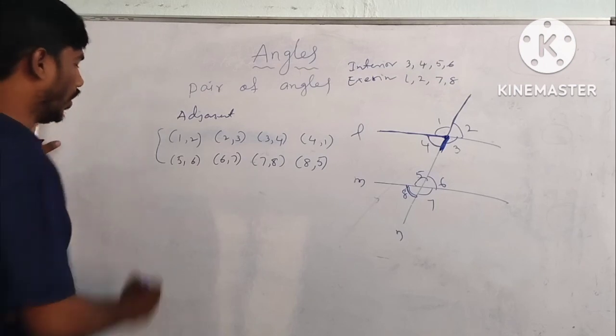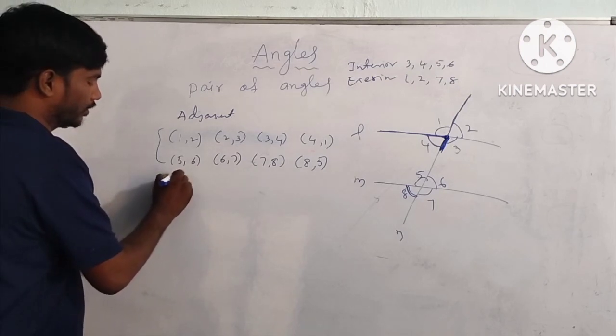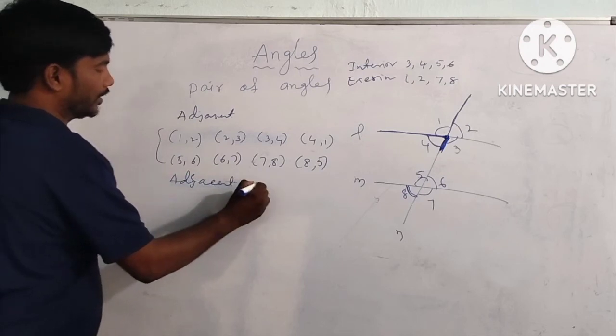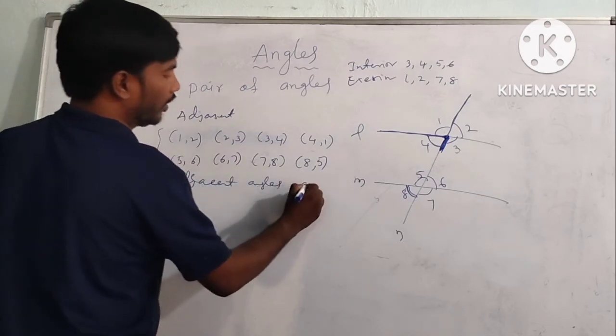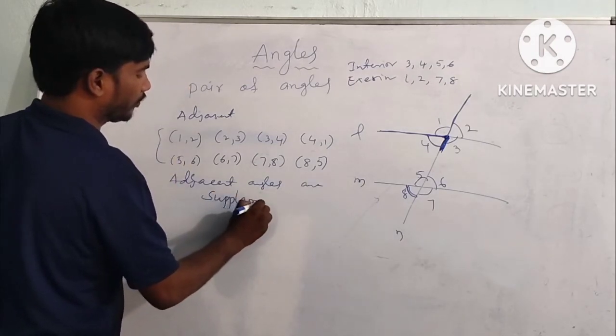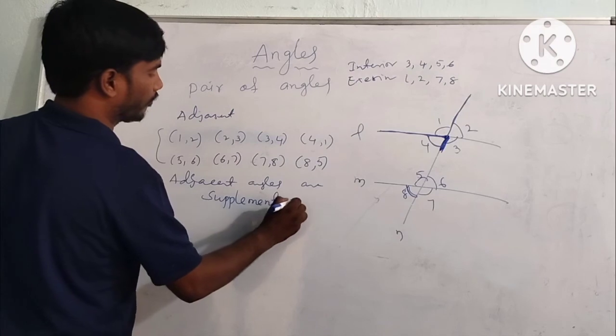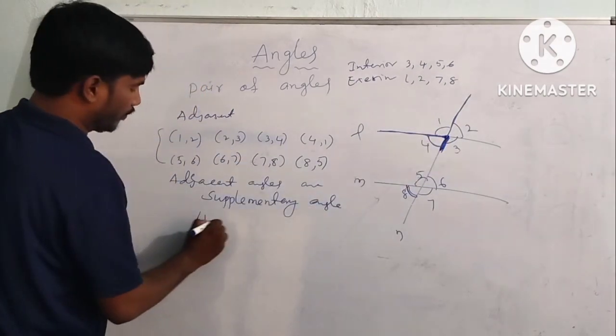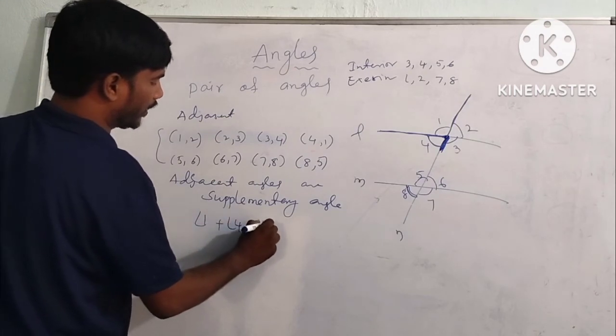Now all the adjacent angles are supplementary angles. It means angle 1 plus angle 4 is equal to 180.